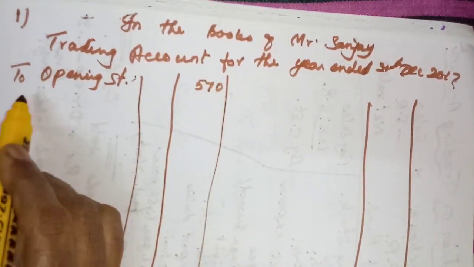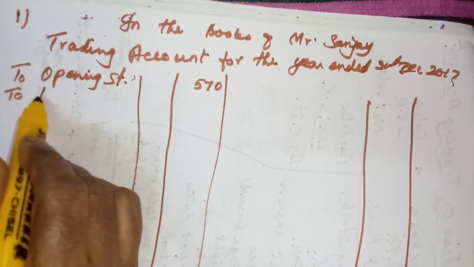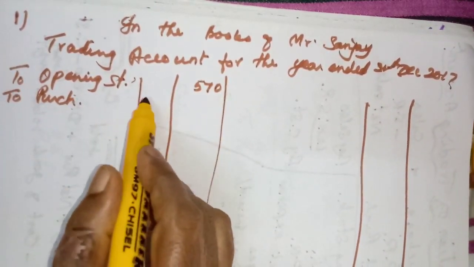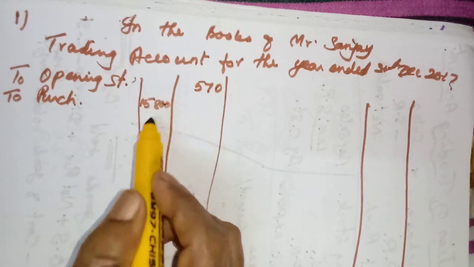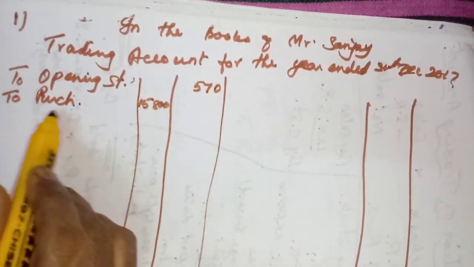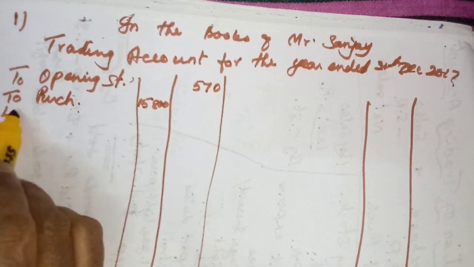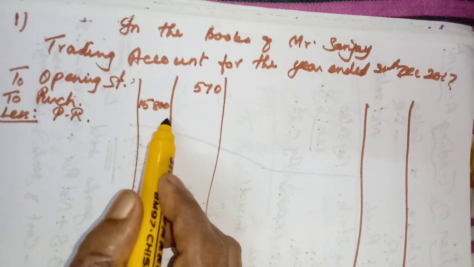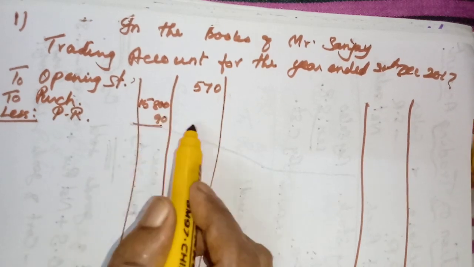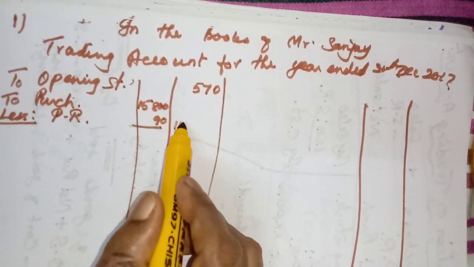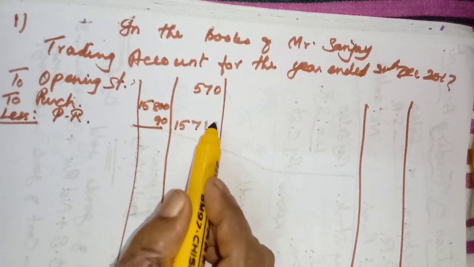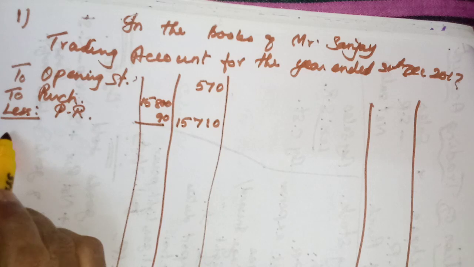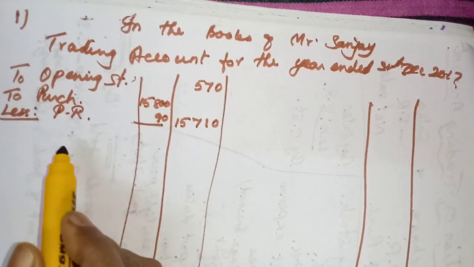Then to purchases, you write fully. This one you write within the inner column, because we have purchase returns that might be deducted, less purchase returns 90. So 15,710. Then any expenses? No expenses, isn't it?